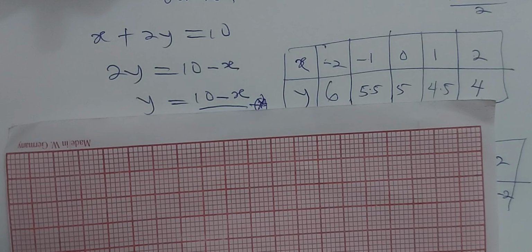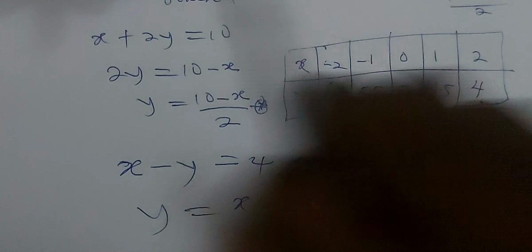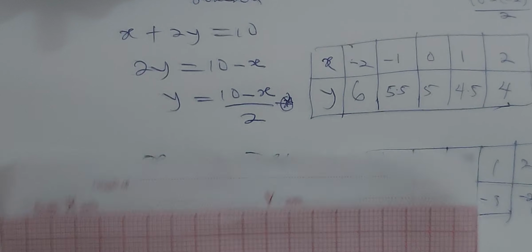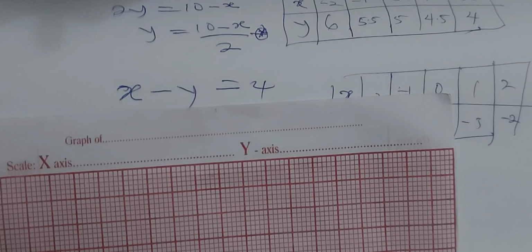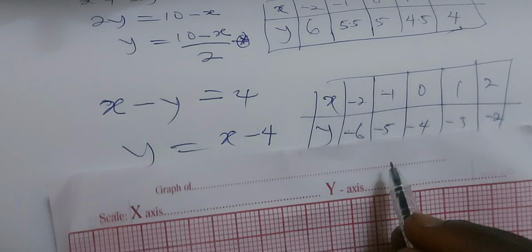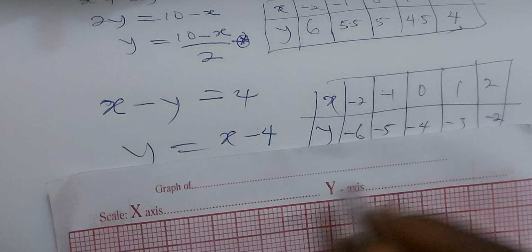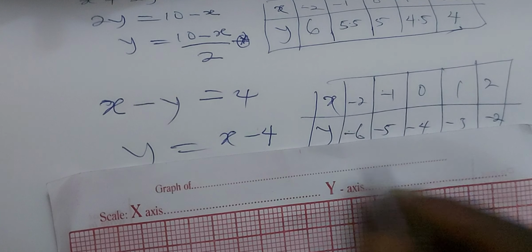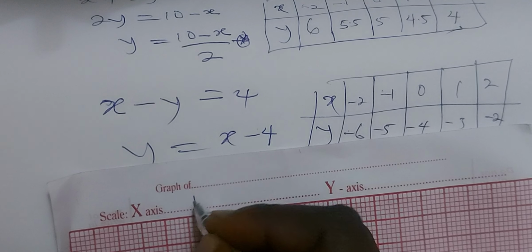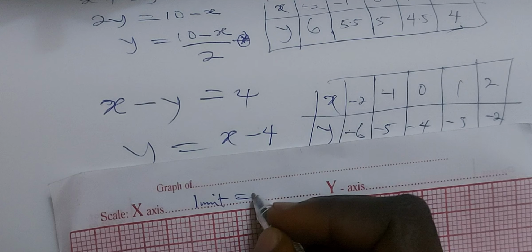We have gotten the table. So you can use your ruler. On this table now, you can say the scale on the x-axis is 1 unit equals 1 centimeter.